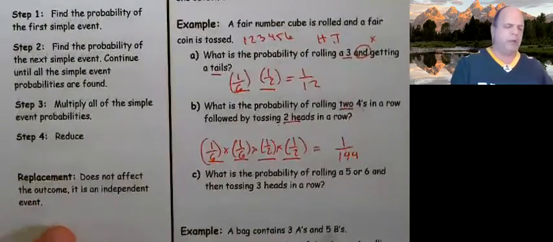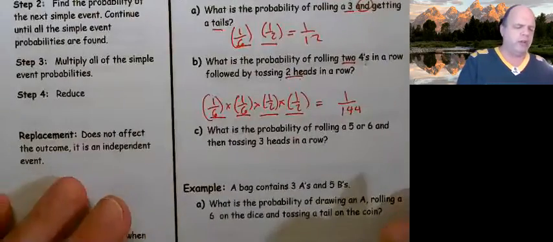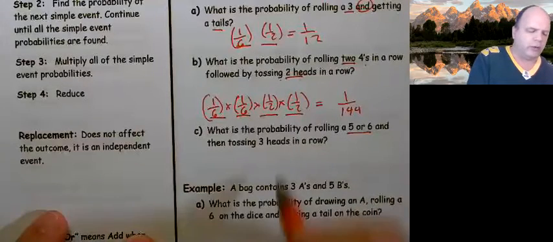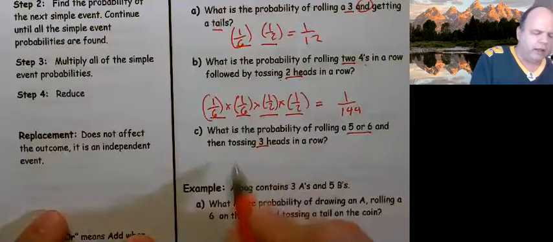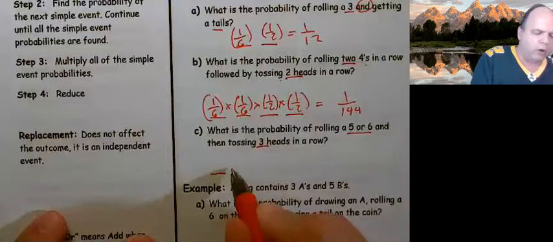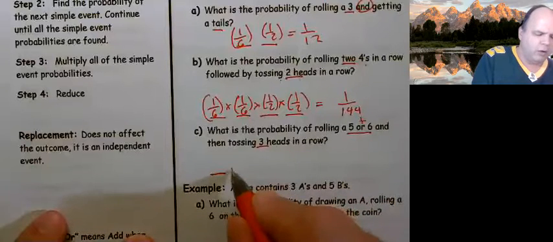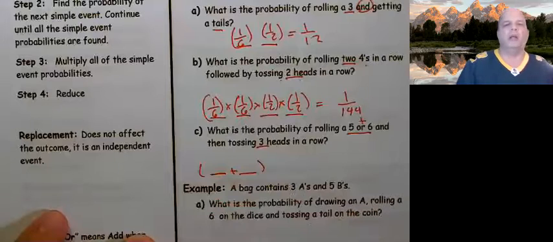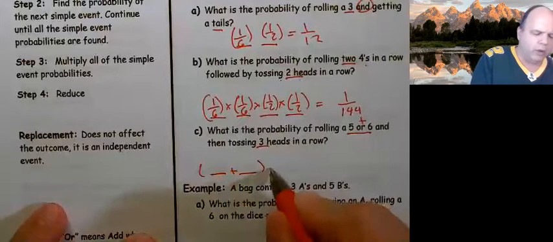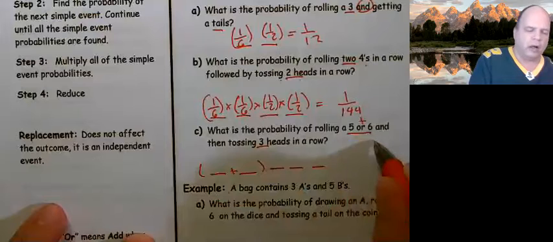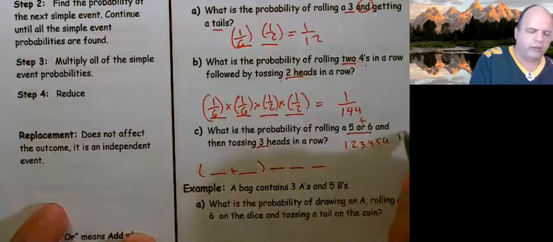So what is the probability of rolling a 5 or a 6 and then tossing 3 heads? All right, 5 or 6 and tossing 3 heads. So that means I need that 5 or 6, and remember, or means add. And anytime we have an addition, we put parentheses around it. Then tossing 3 heads, 1, 2, 3. And our sample space is again 1, 2, 3, 4, 5, 6, heads, tails.